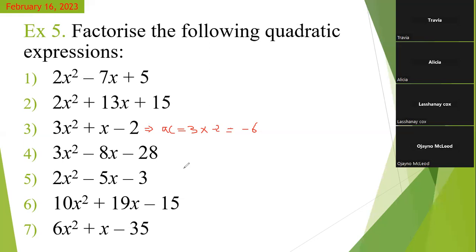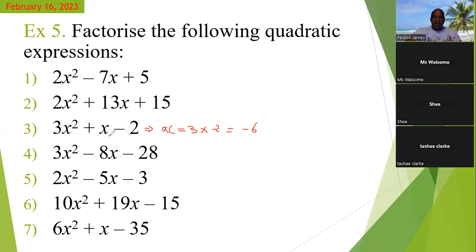So let me just shine some light on this now. What we notice about the sign of the last term for this expression: the sign of the last term here is negative. Now, when the last term has a negative sign, that indicates that the two factors you're going to be looking for, one will be positive and one will be negative.